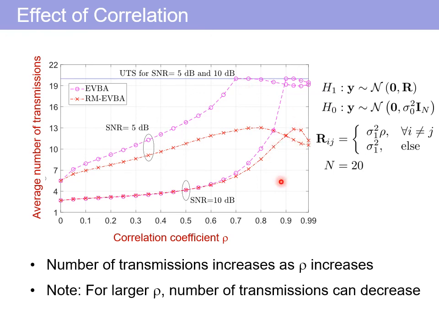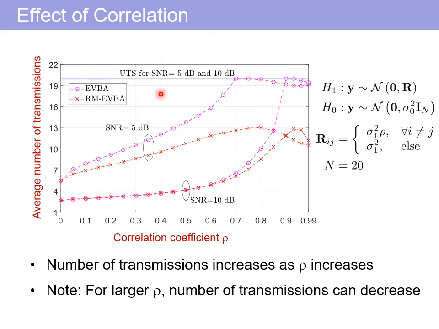The reason is basically that the hypotheses start getting separated more and more for very large rho. For a detailed explanation, I request you to read the paper. It's very interesting, but you can see that the correlation coefficient has a profound influence on the average number of transmissions. Another thing to note, like before, is that compared to UTS, you're still saving a lot in terms of the average number of transmissions, except of course when the correlation is very, very large.